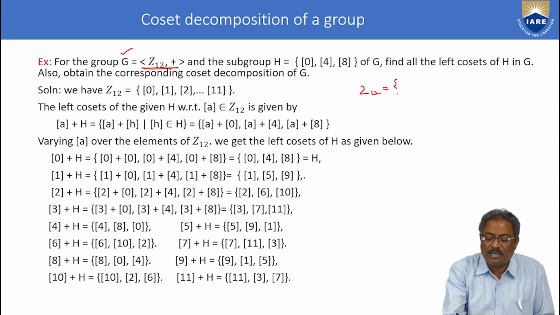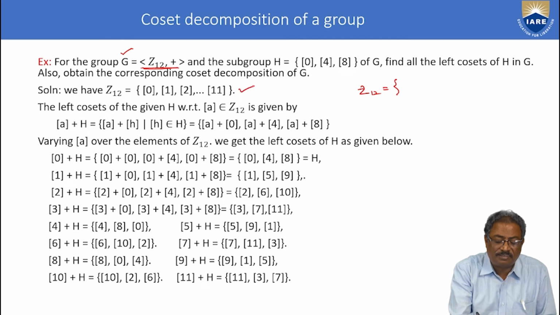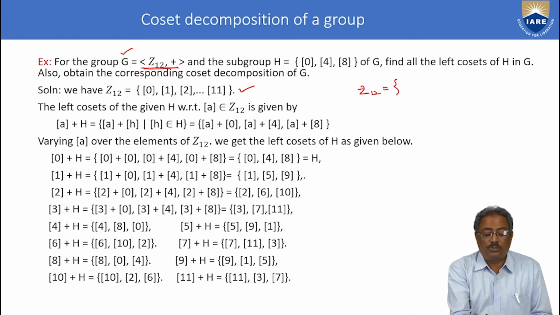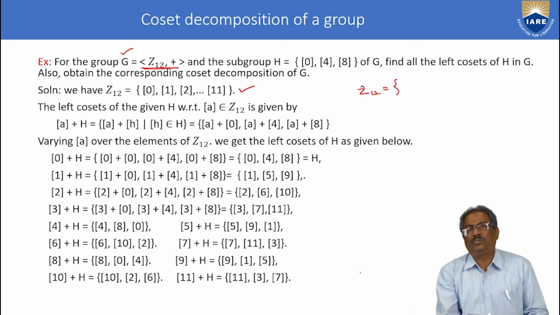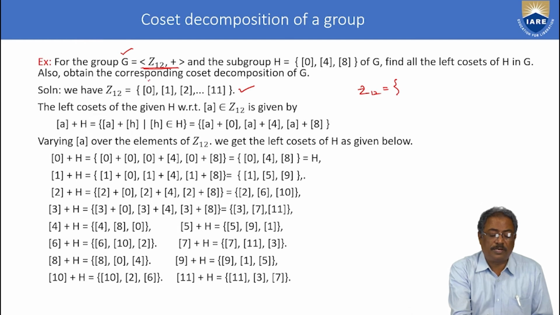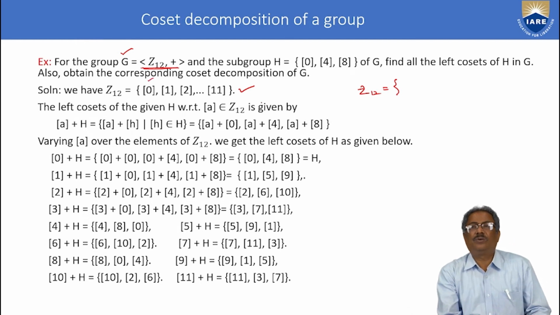So we consider the elements 0, 1, 2, and so on up to 11. Z12 is congruent to modulo 12, so we get 12 elements, starting from 0 because 12 becomes 0. The set consists of only these.